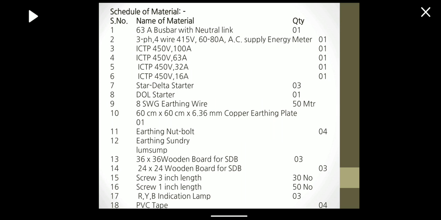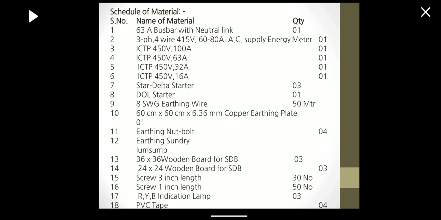They are 3-phase ICTPs, so the voltage range is 415 V, but the current range is different because they are connected before the starter. That means ICTP switch, then motor switch, and then starter. This switch depends on the motor rating, so different current ratings are required: 100 ampere, 63, 32 and 16.